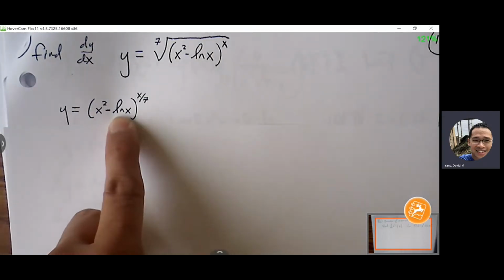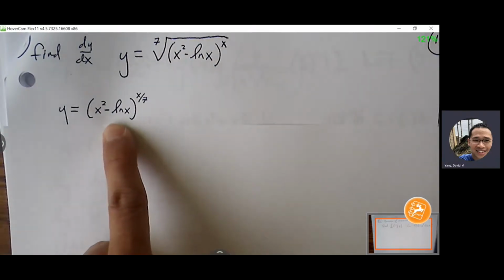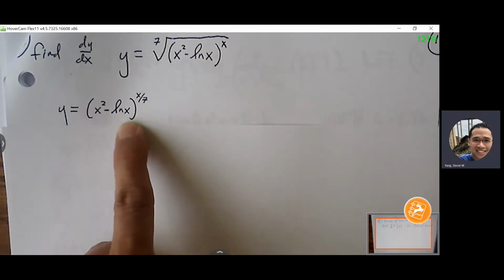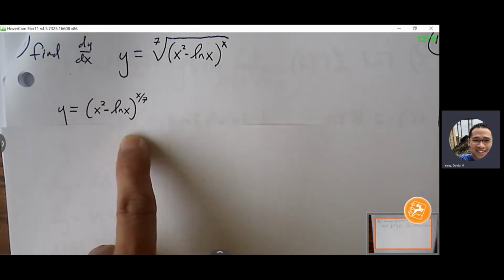Now, look at what we have here. What is involved here for this type of problem? Can we do power rule? Can we do exponential rule? Is this chain rule?